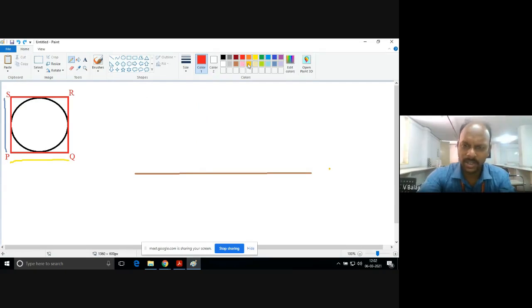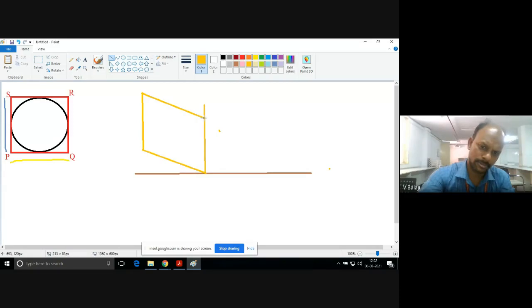One minute, I will draw. All sides must be equal. That's what I'm looking for. Anyway, I'm drawing roughly. Find out the midpoints.